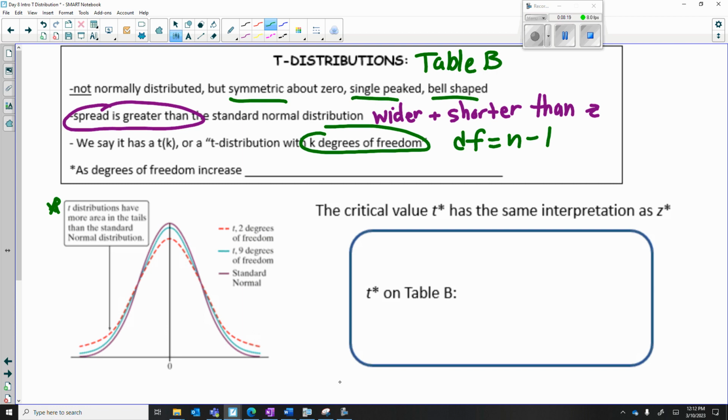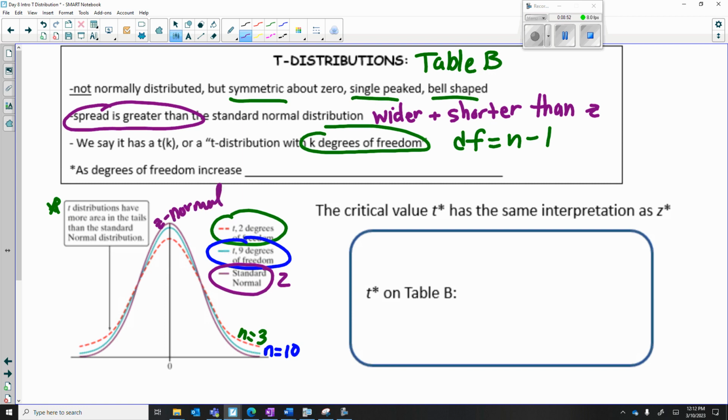As you can see here, I have this red dotted line for the first curve. That's degrees of freedom 2, which means that the sample was size 3, because 3 minus 1 is 2. And then you see it goes to this blue, which is degrees of freedom of 9. That means the sample was size 10 for that one. And you see it's getting a little bit narrower and a little bit taller. And then when you go to the purple curve, that's the Z, or the standard normal. And that one is going to be the tallest and the narrowest and the least variable.